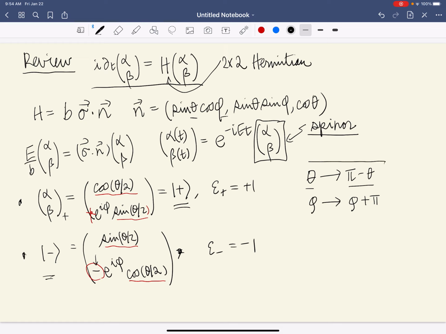Okay, so I will come to the significance of these changes of variables. And actually, while doing so, I will be naturally connecting these solutions we have found to something called the coherent state.